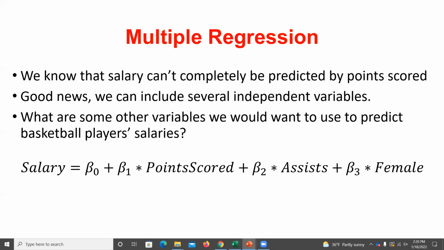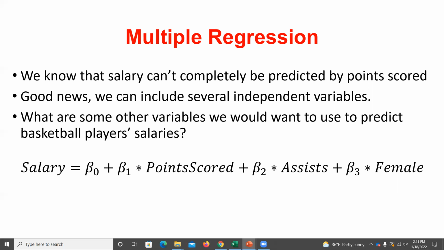So the thing that we add to our interpretation now, let's say we still want to interpret beta 1, our slope between points scored the previous year and salary. It's still the effect of 1 additional point scored in the previous year on the expected or predicted amount of the salary. But we add in this other phrase, which is now holding everything else on the right-hand side constant.